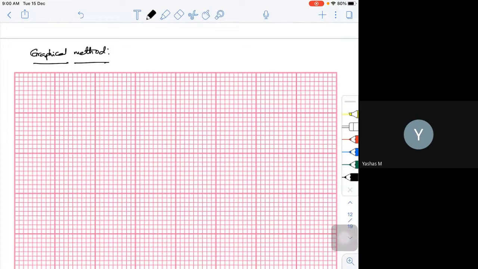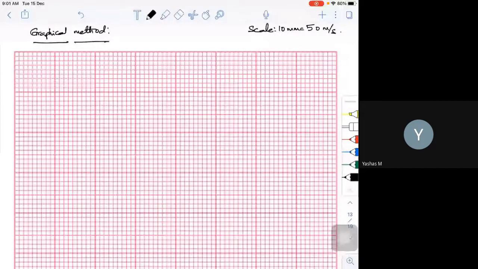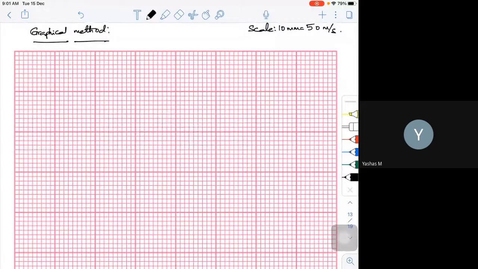So you should assume a scale, maybe 10 mm equals 50 meters per second, or 25 meters per second, depending upon the values, so that the velocity triangle you are drawing fits in. Here, I'll take 5 divisions as 10 mm, so 10 divisions as 20 mm. That's what I have here.